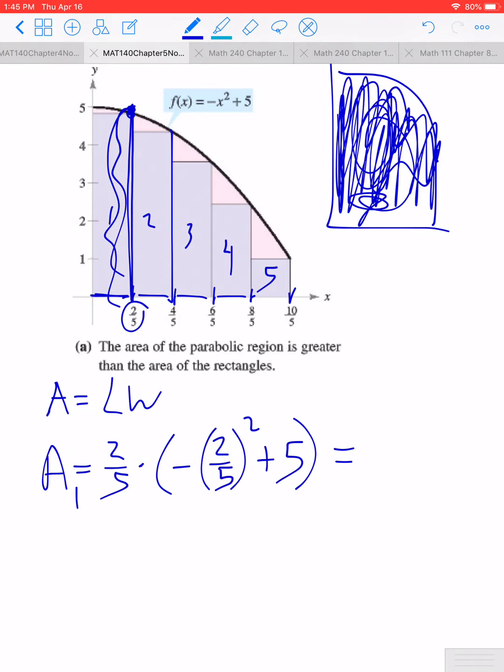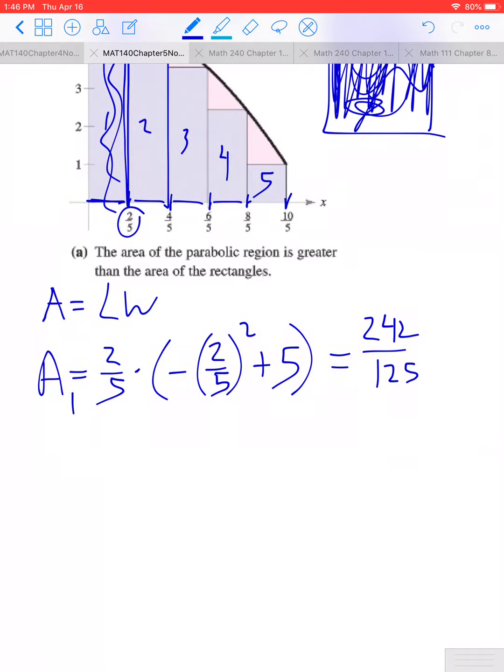So if I were to plug 2/5 in, or calculate that for 2/5, I would get about 242 over 125.